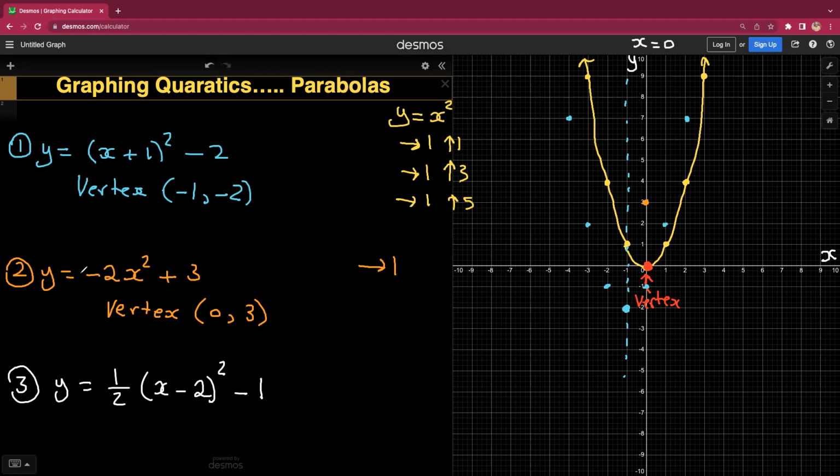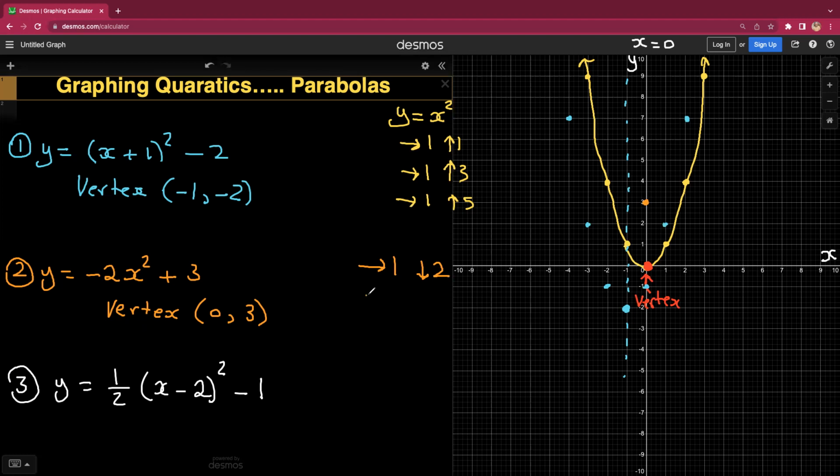Let's say the negative here indicates that the parabola is opening down. So if it's opening down, instead of going up like we did here, now we're going to start going down. Okay, so the negative indicates that we're going to go down instead of up. And the 2 means you have to multiply all of these values by 2. So now going out 1, instead of down 1, because the negative is down, you multiply the 1 by 2 here, and it's going to be down 2.